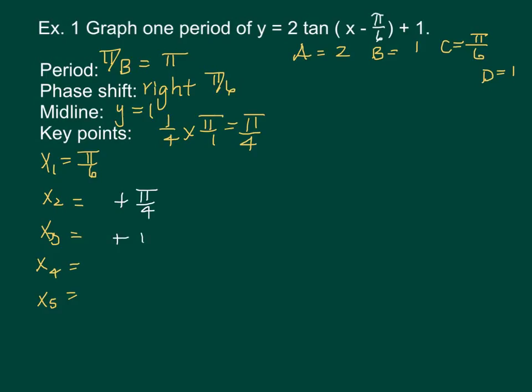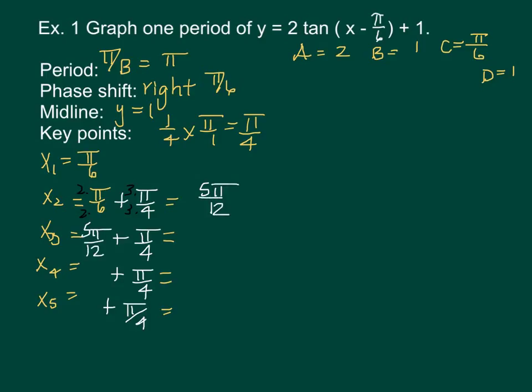Now be careful because sometimes your denominators are not the same, like in this case. So you would take pi over 6 and get a common denominator. So I'm going to make them both 12. So 2 pi over 12 plus 3 pi over 12 is 5 pi over 12.